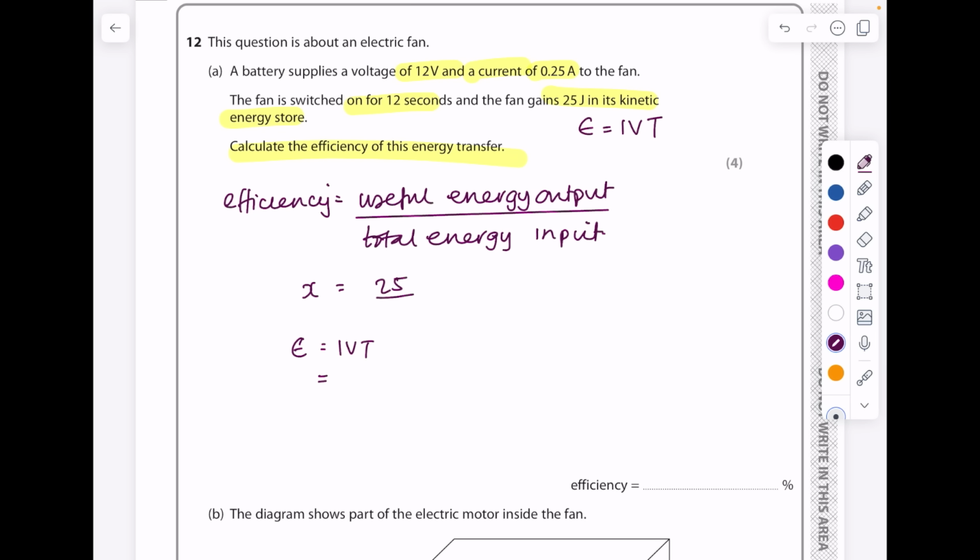So we know that the current was 0.25, the voltage we were told was 12, the time is 12 seconds, luckily everything's in the correct unit, so you'll get 36 joules as your total energy input. So I'm going to pop that there. Because they want the final answer as a percent, I'm going to multiply it by 100. And when you've done 25 divided by 36 and multiplied it by 100, you get an efficiency of 69%.